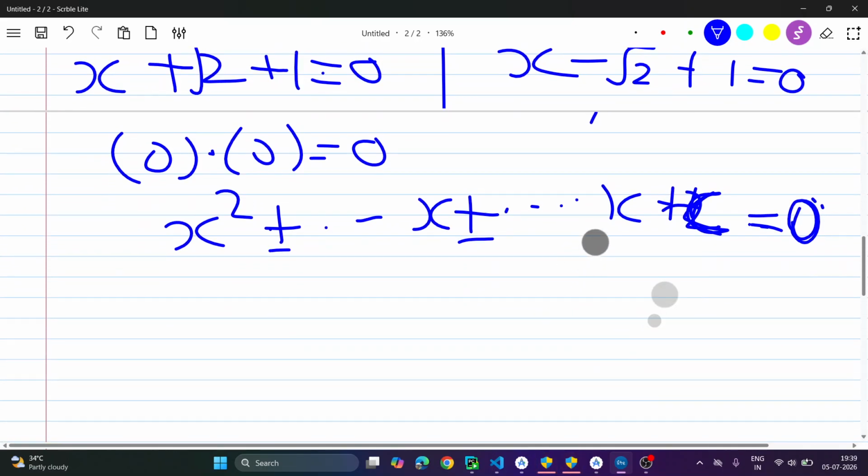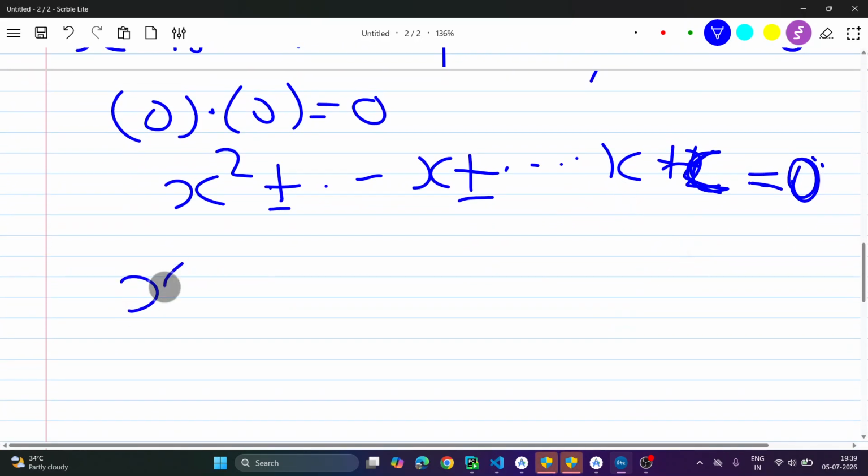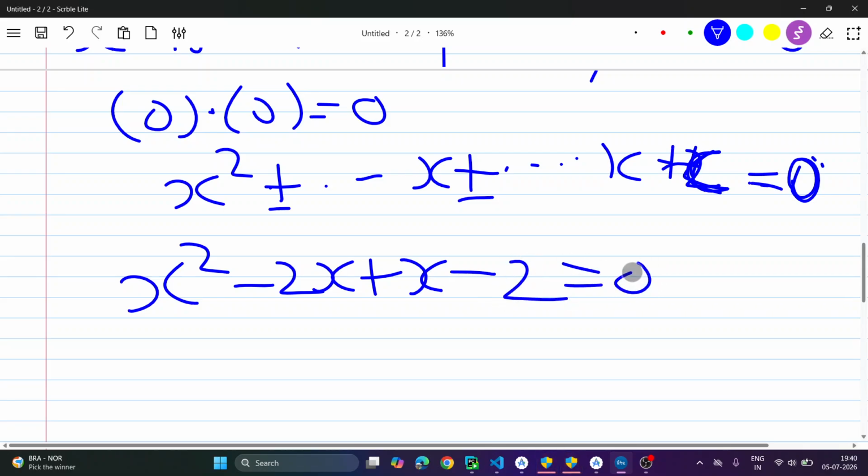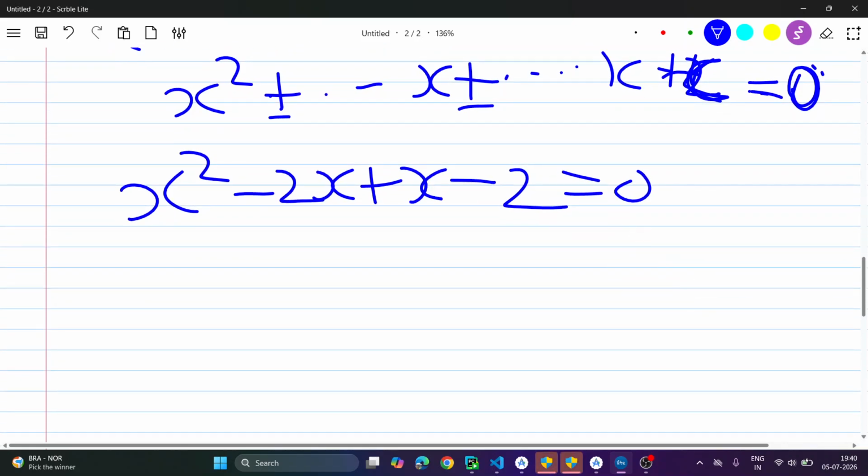Now before showing the steps, you're going to show this. For example, let's say x squared minus x minus 2 equals 0. So the actual equation is x squared minus x minus 2 is equal to 0.